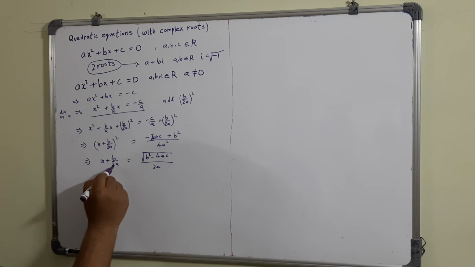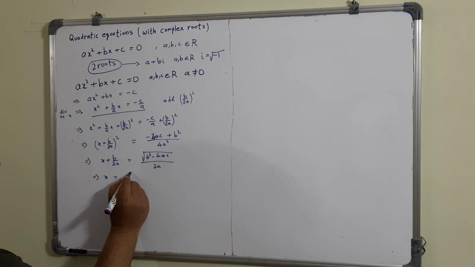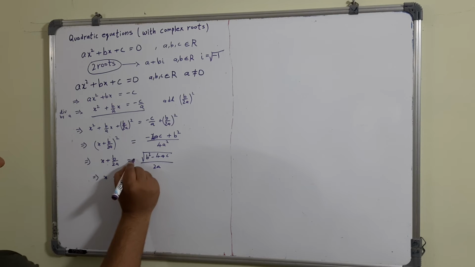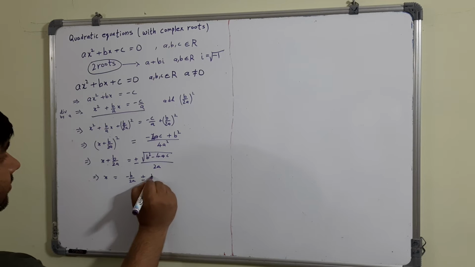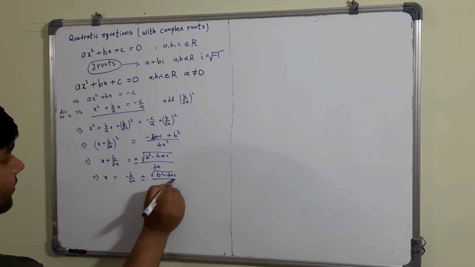Taking b by 2a to the right hand side, x equals minus b by 2a plus or minus root under b square minus 4ac by 2a.